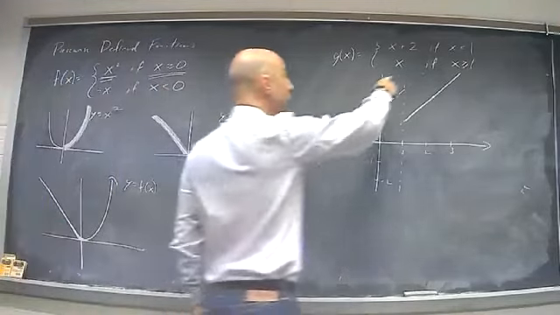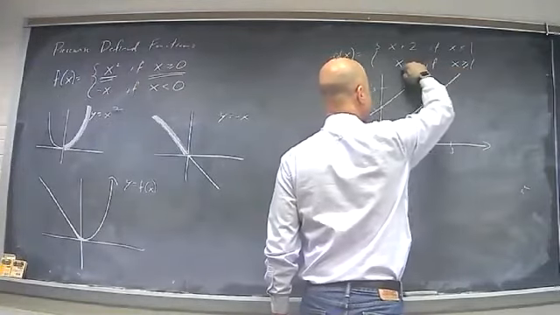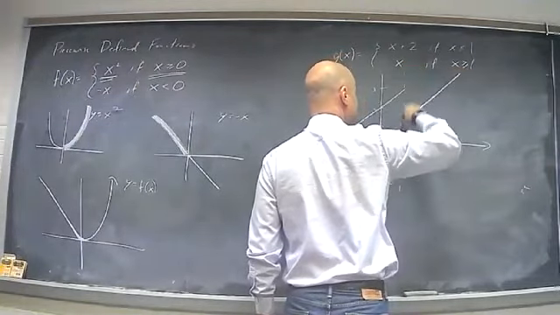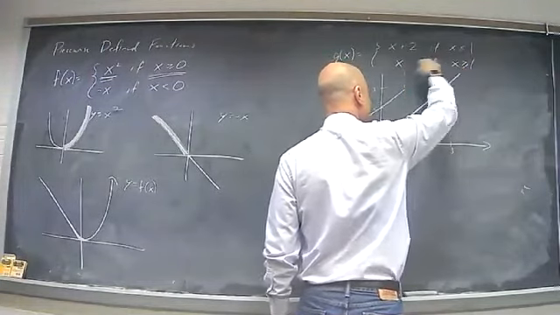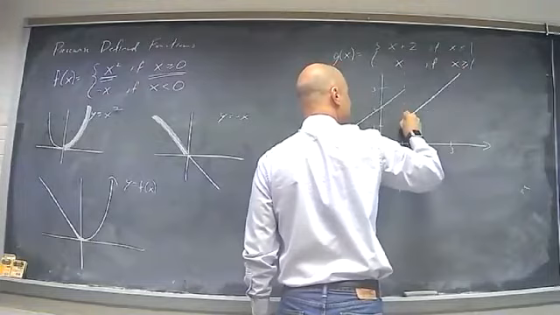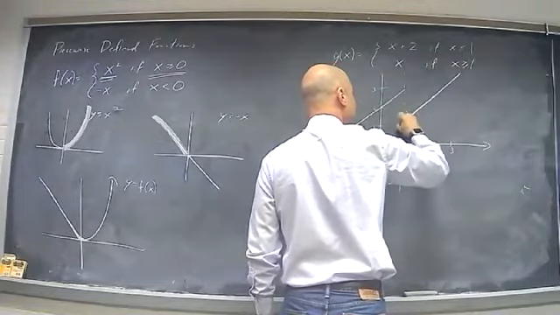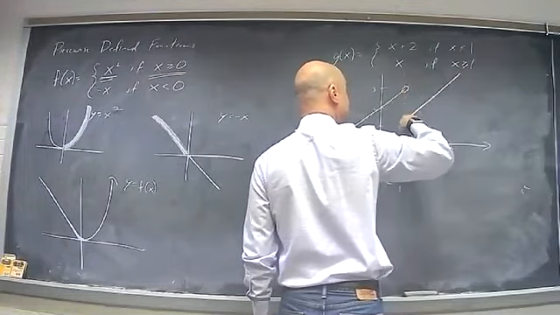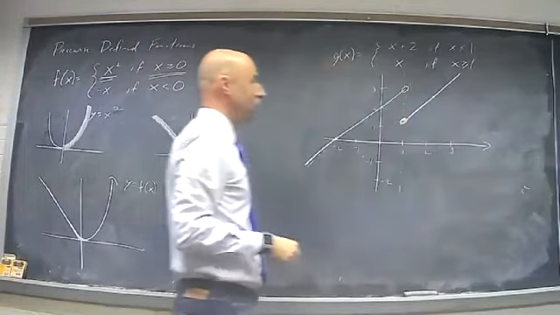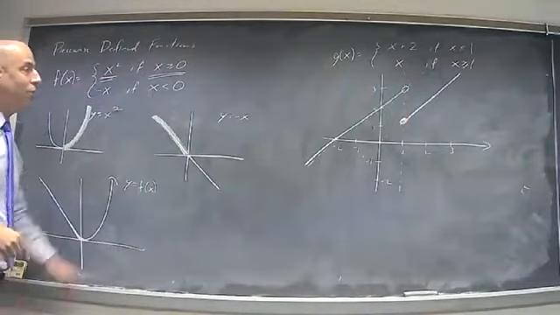And at 1, I'm in the second line. I'm right here. Now I'm not up here. At 1, x greater than or equal to 1, I'm right down here. So I'm going to put a closed circle here and an open circle here to indicate that at x equals 1, I'm actually at the closed circle, not the open circle. So here's my graph now.